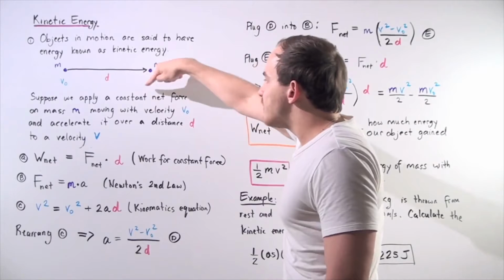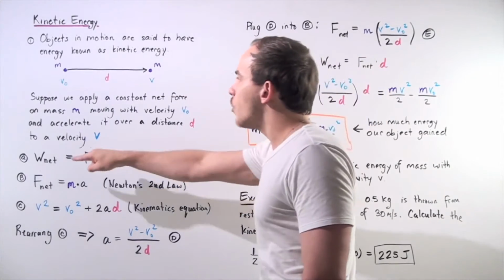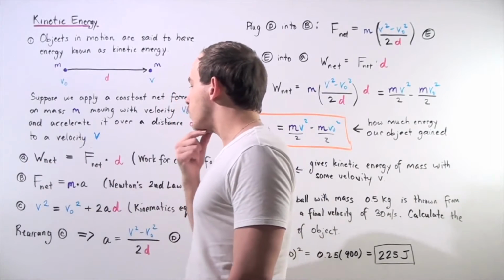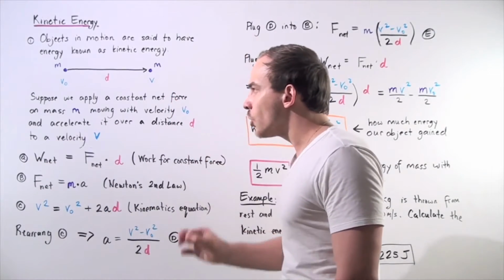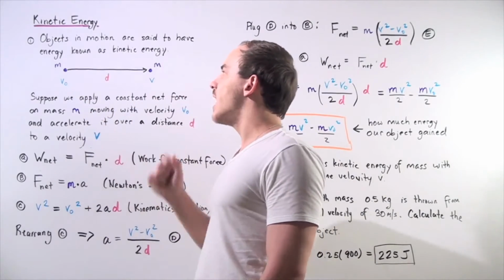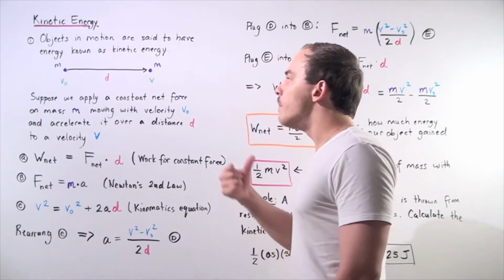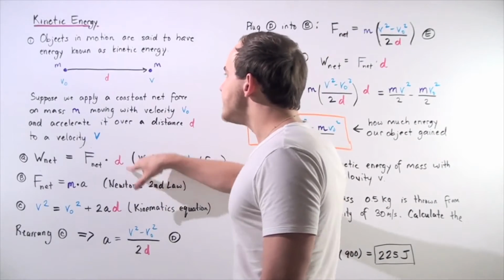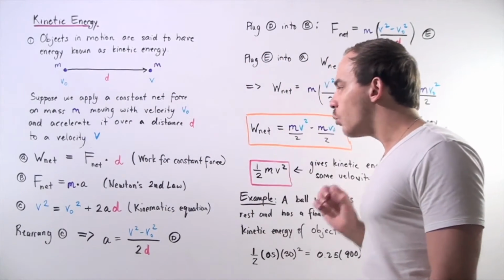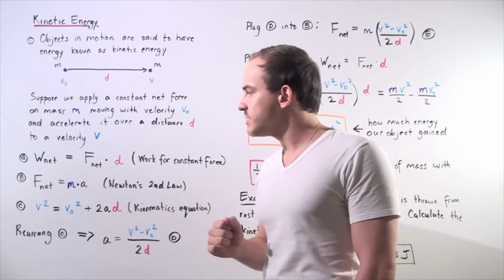So because we have a constant net force, the work done on our mass is simply given by the following equation. The net work done on the mass is equal to the net force acting on the object mass m multiplied by displacement over which our force acts. Now, let's recall what Newton's second law of motion states.